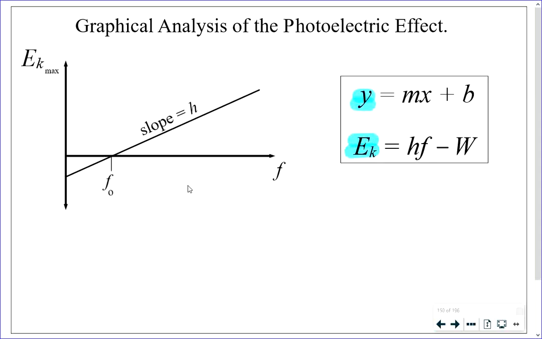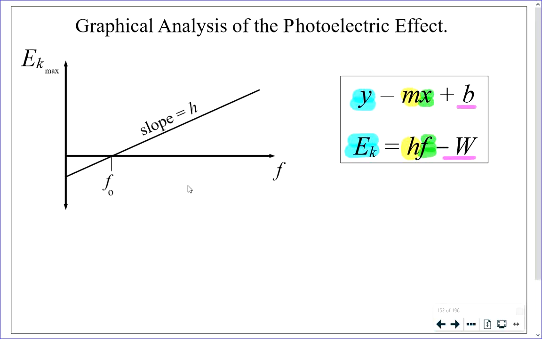One is that the kinetic energy is plotted on the y-axis, so the kinetic energy is the y-coordinate in the equation. The frequency is plotted on the horizontal axis, so the frequency is the x-coordinate. By comparison then, it makes sense that the number in front of x is the same as the number in front of frequency, and that is the explanation for why the slope of this line must be Planck's constant.